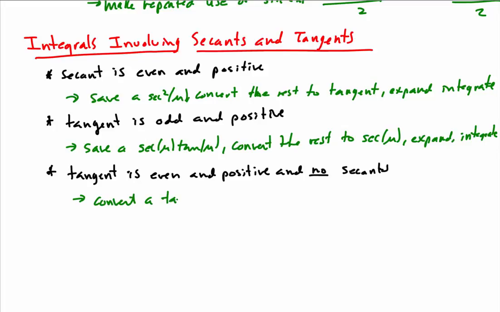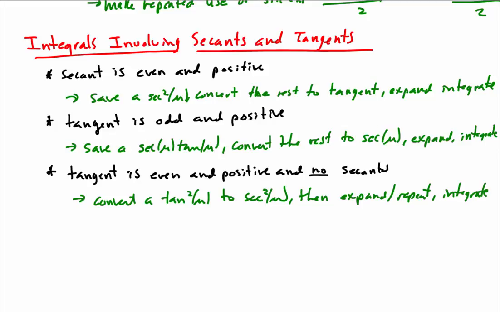So convert one of the tangent squareds to secant squareds using a Pythagorean identity. Then expand and repeat as necessary. And so you may have to repeat the expansion and then of course integrate.